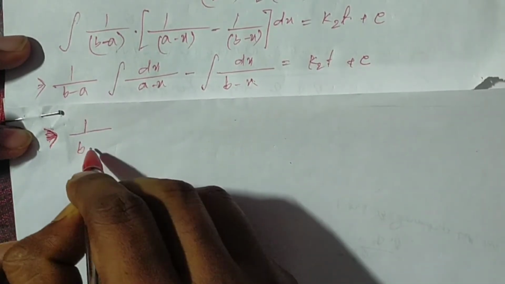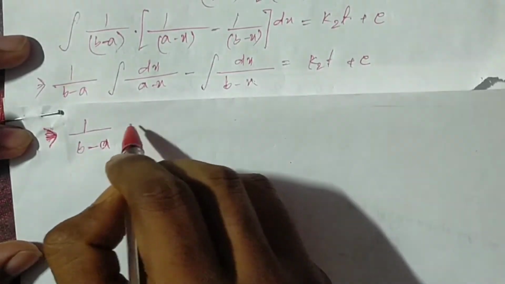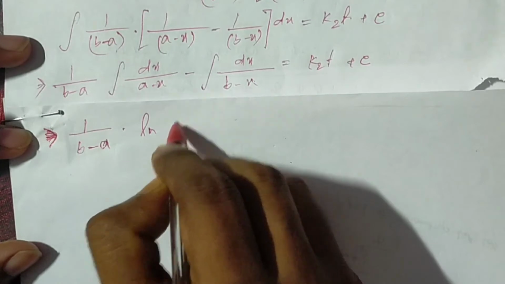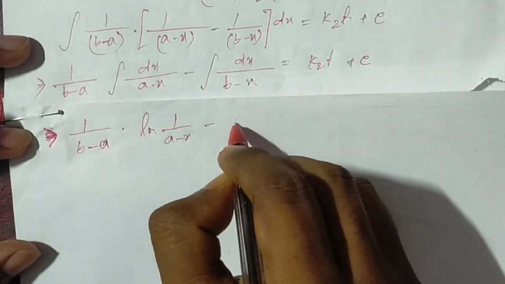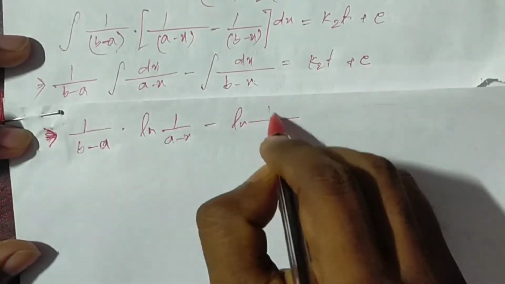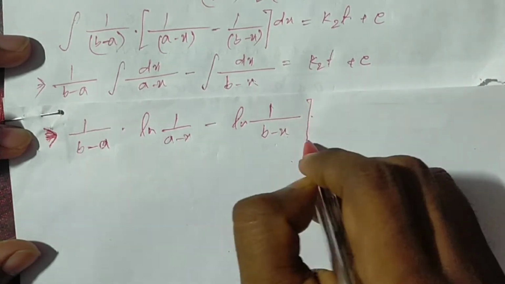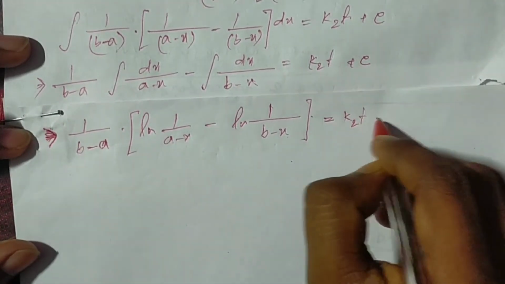Okay, so when we integrate this, it will give 1 by (b minus a), sorry, and here it will be ln 1 by (a minus x) minus ln 1 by (b minus x). It will be equal to k2t plus c.